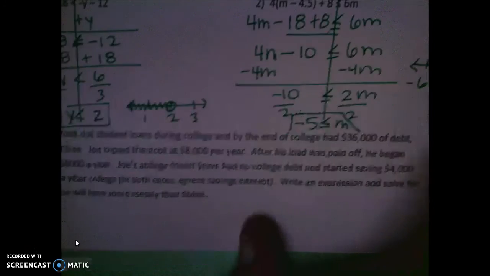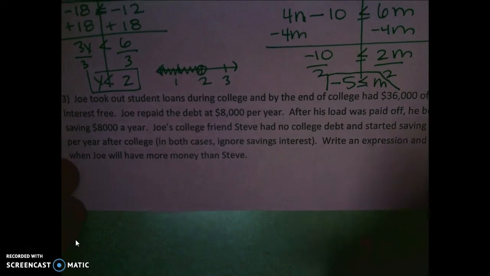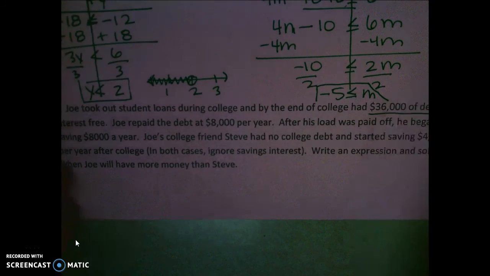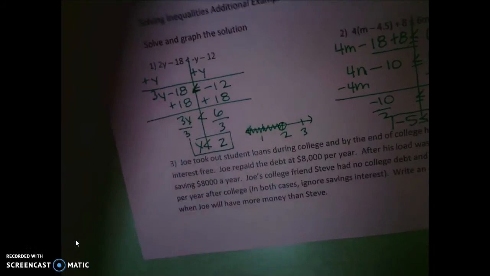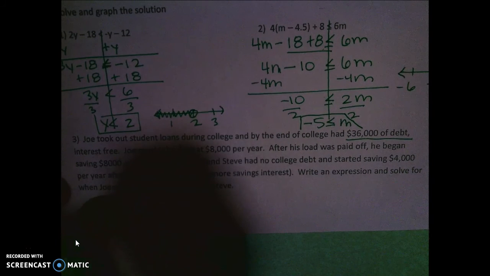And then finally, the word problem. So Joe took out student loans during college, and at the end of college, he had $36,000 of debt, interest-free. So because it's a debt, that would be -36,000.